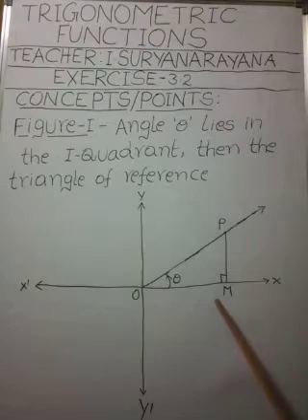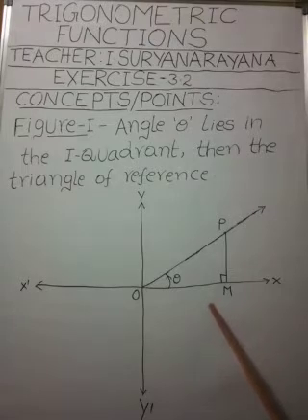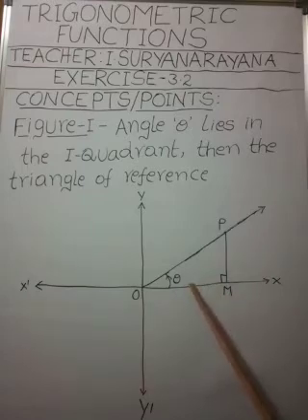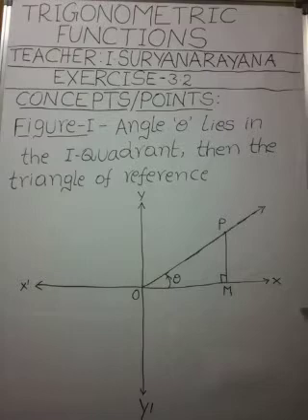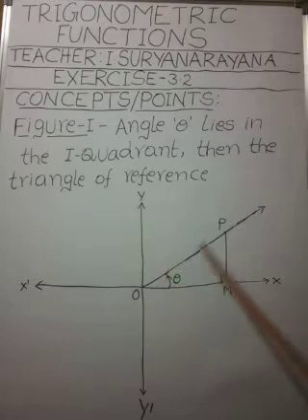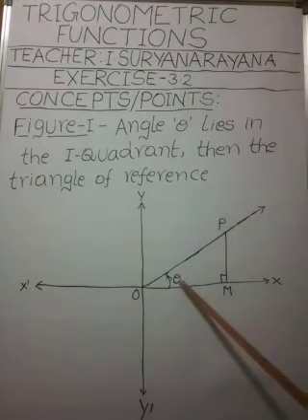Okay, my children, do you remember that point? Right. Now come to this angle theta. Here what is given? Theta lies in the first quadrant. When do you say that angle theta lies in the first quadrant? The terminal side of the angle theta must lie in the first quadrant. Here OP is the terminal side of angle theta.